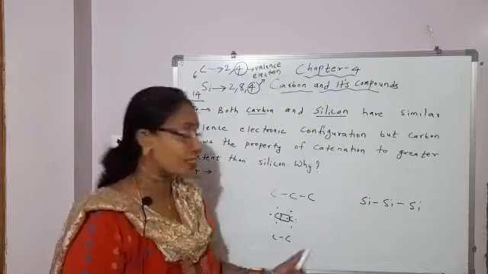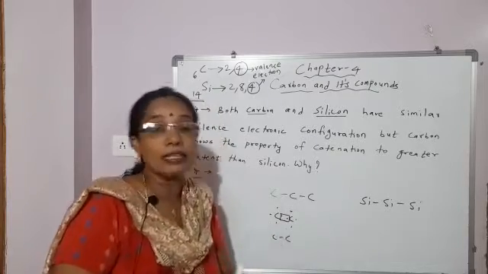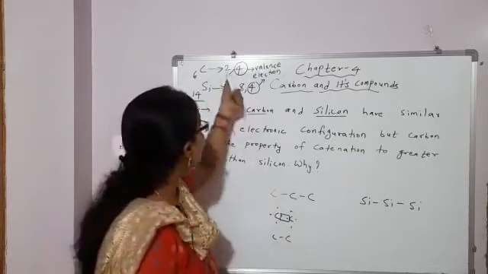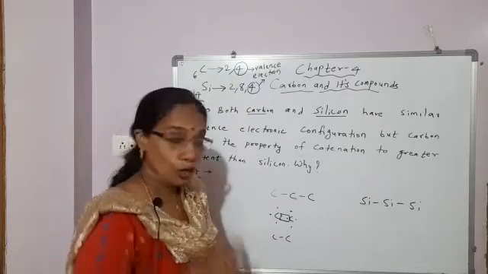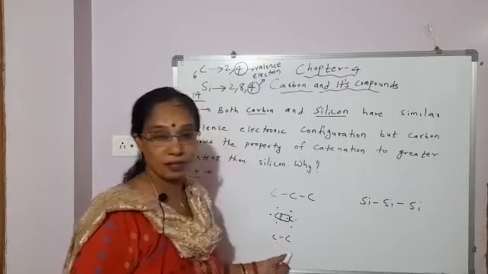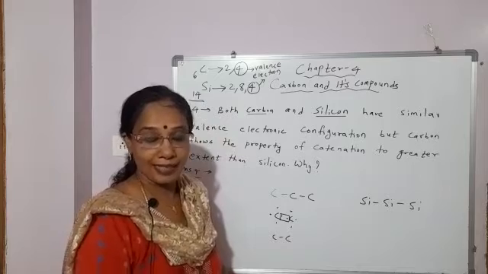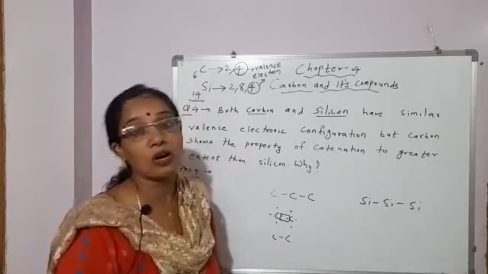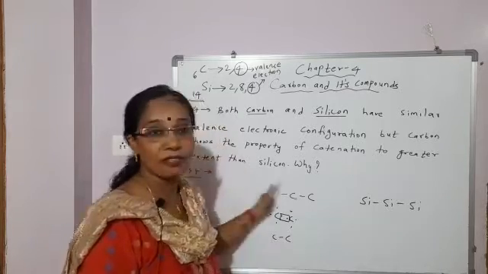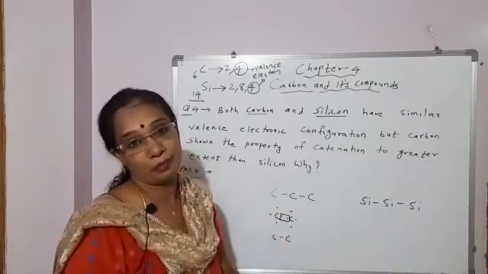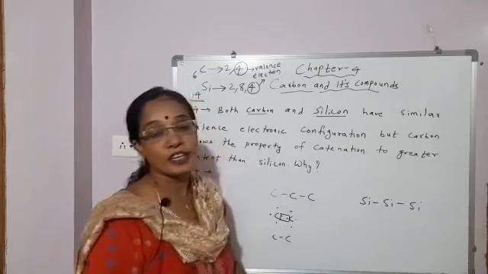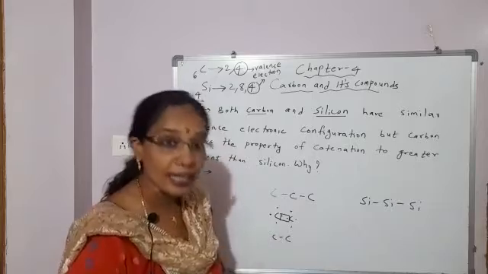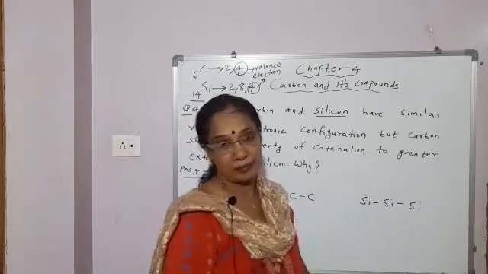Carbon can hold the shared pair of electrons strongly because of its small size. So the single covalent bond it forms with another carbon atom is very strong, making the compounds of carbon exceptionally stable. So carbon shows catenation to a larger extent than silicon.